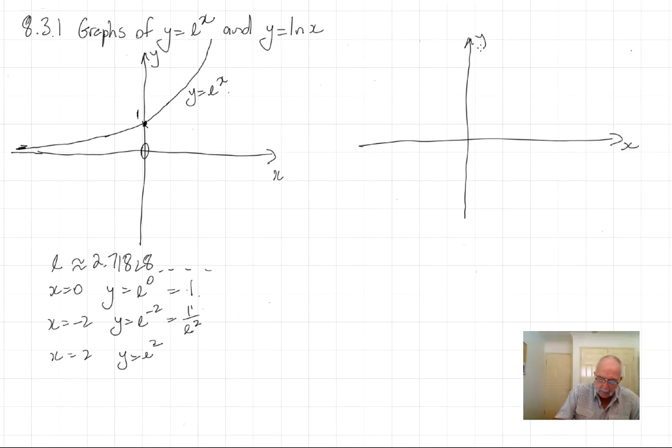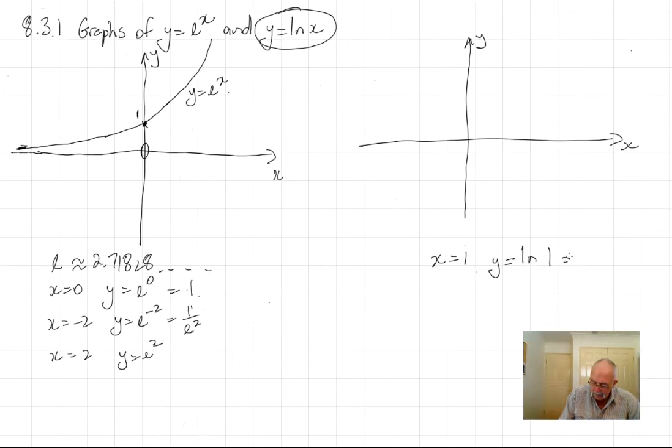If we look at y equals log of x, x and y, and this is y equals natural log of x. The crucial point here is when x is equal to 1, we have the log of 1. Now don't forget what that means. A log is a power.